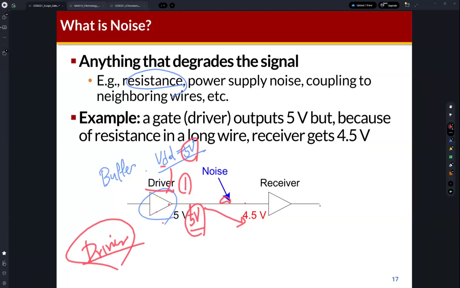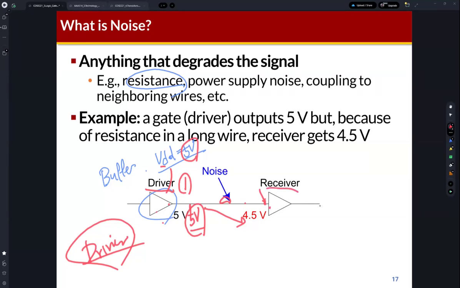We can simply say that a metal wire is a conductor, but it's not a perfect conductor. So it has a parasitic resistance component, and the voltage level can be reduced when the signal arrives at the input port of the receiver.